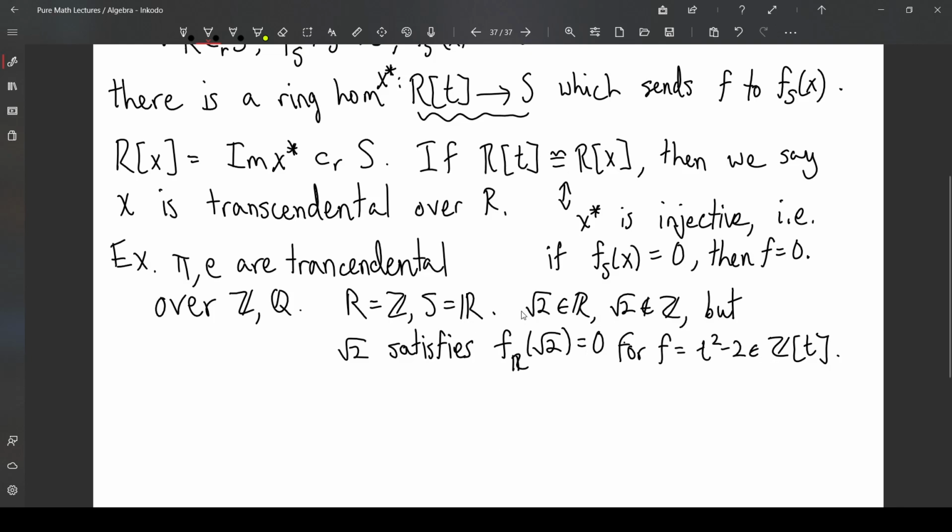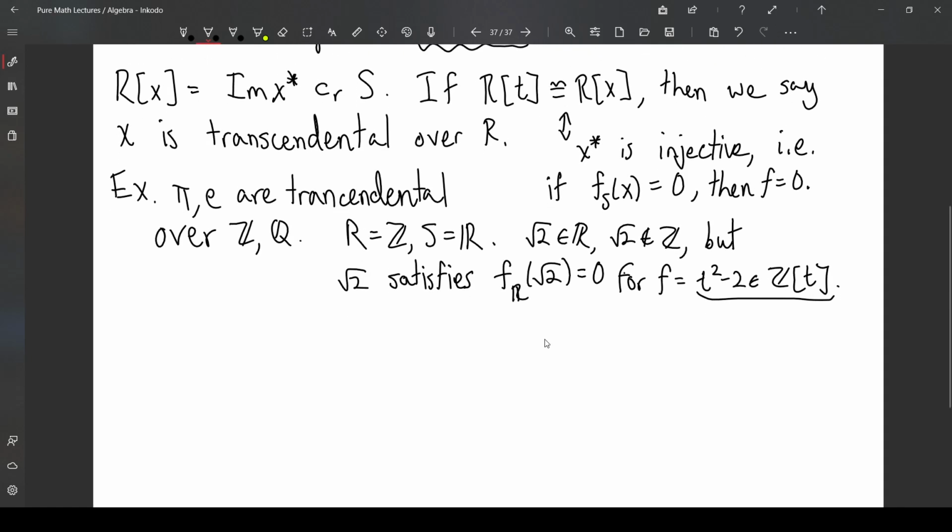So the square root of 2 is not transcendental because there is some non-zero integer polynomial which admits essentially a root of square root of 2. Okie doke.